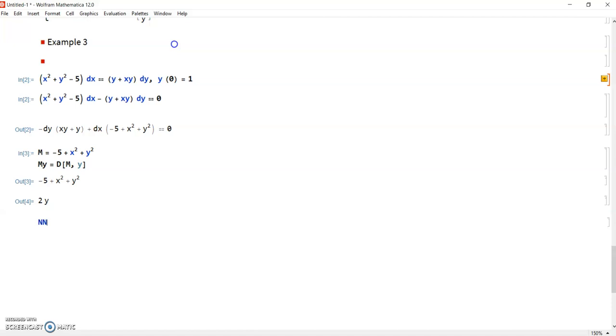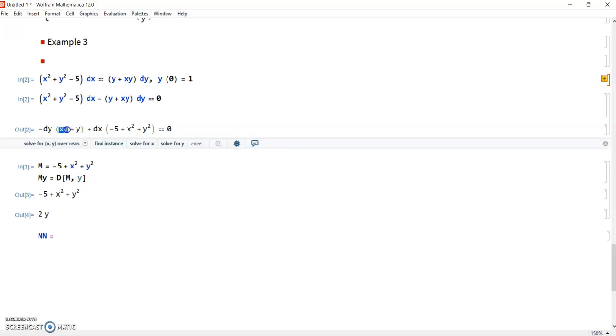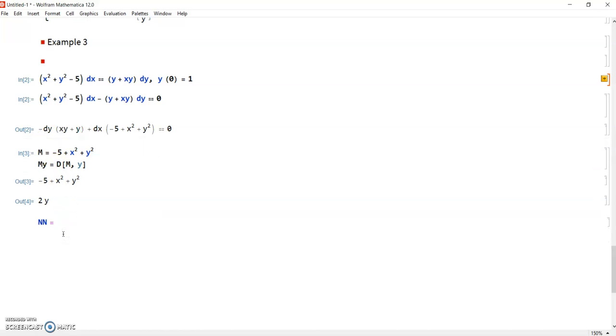Next I take the N function, which will be this value, and don't forget this minus sign. So minus bracket Control V bracket close.